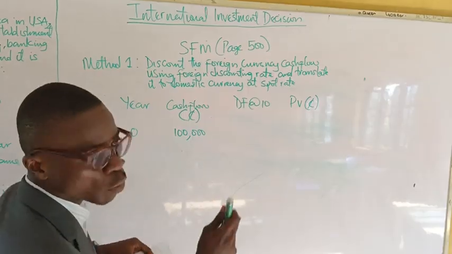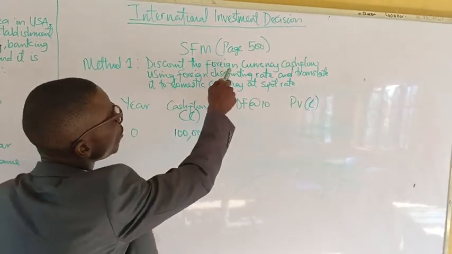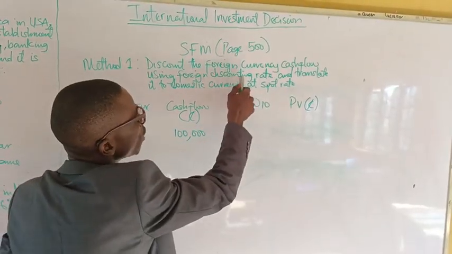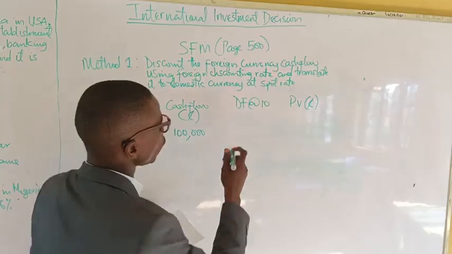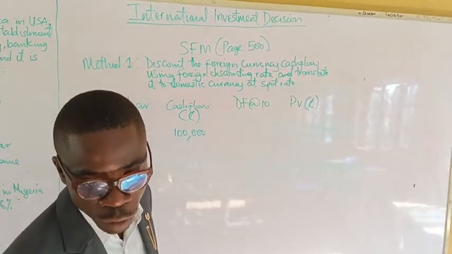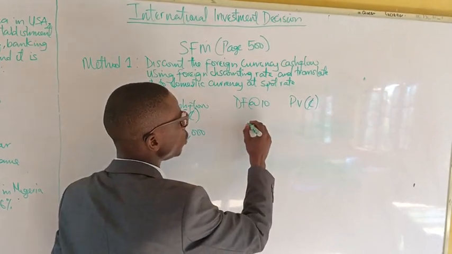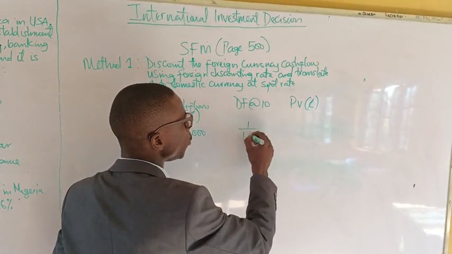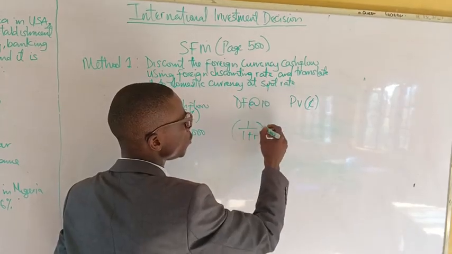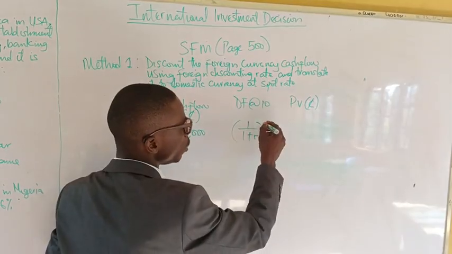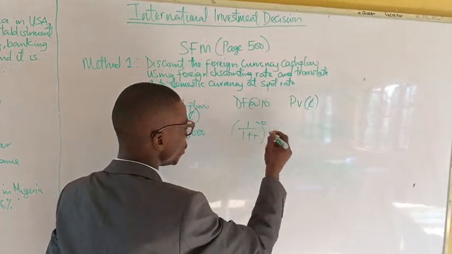Don't forget, we discount the foreign currency cash flow using the foreign discounting rate. So what will be the discounting rate in year zero? It will be 1. Don't forget that the discounting factor is 1 over 1 plus r raised to power n. Our n here is 0. So if it is 0, everything here will be 1.